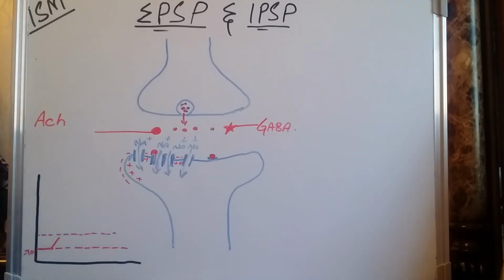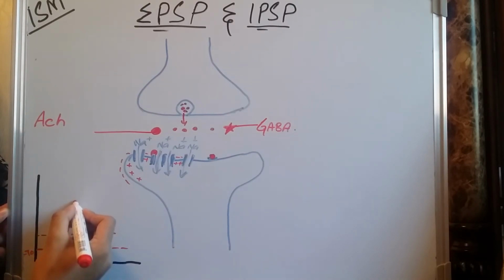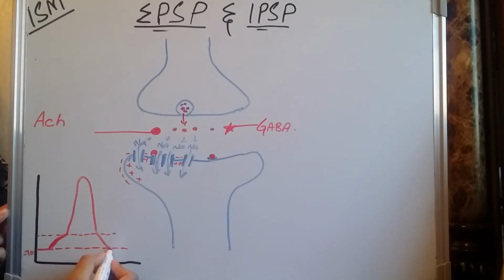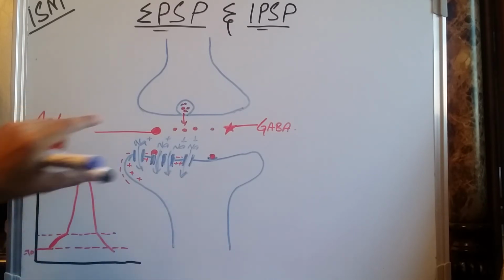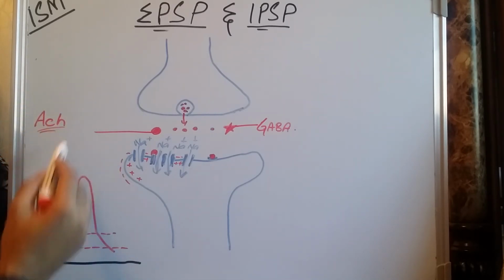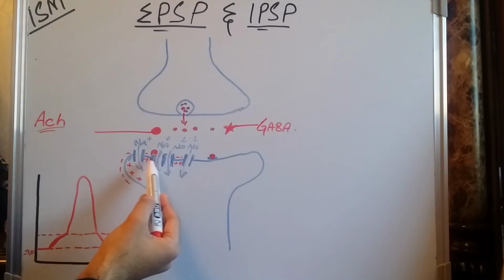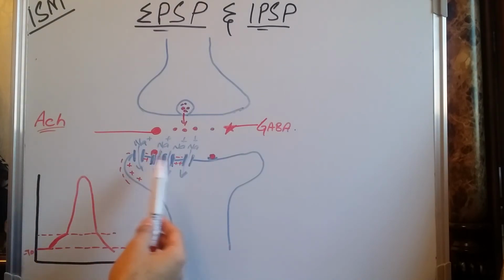If the influx of sodium ions is so efficient that it reaches the threshold, it will produce an action potential. This will be the graph made by the acetylcholine. Whenever acetylcholine attaches to the sodium gates, the sodium gates will open, more and more sodium gates will open up.